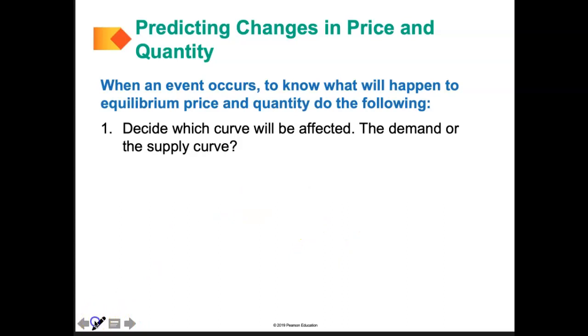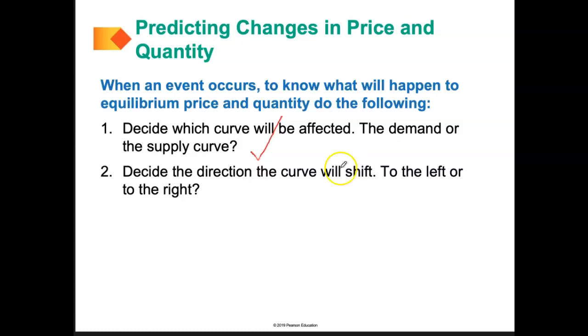These three things are going to be cheat codes for you. First, if some event occurs, you need to know which curve will be affected. Is the demand curve going to be affected, or is the supply curve? Then you need to decide the direction the curve will shift: to the left or to the right.